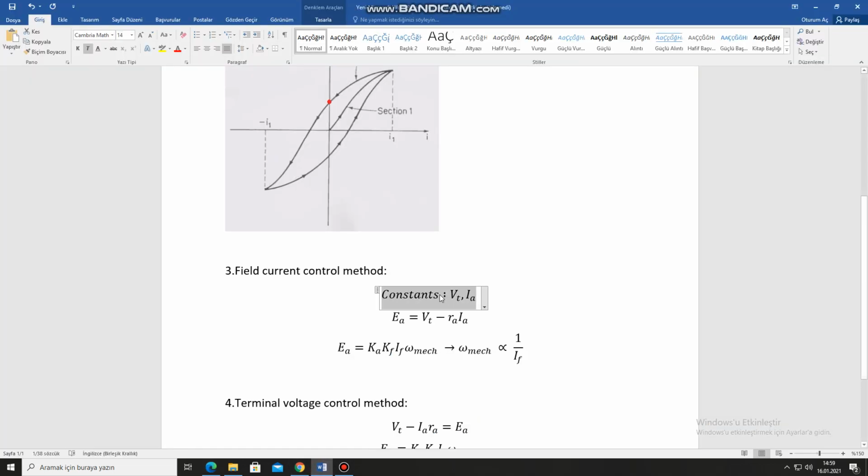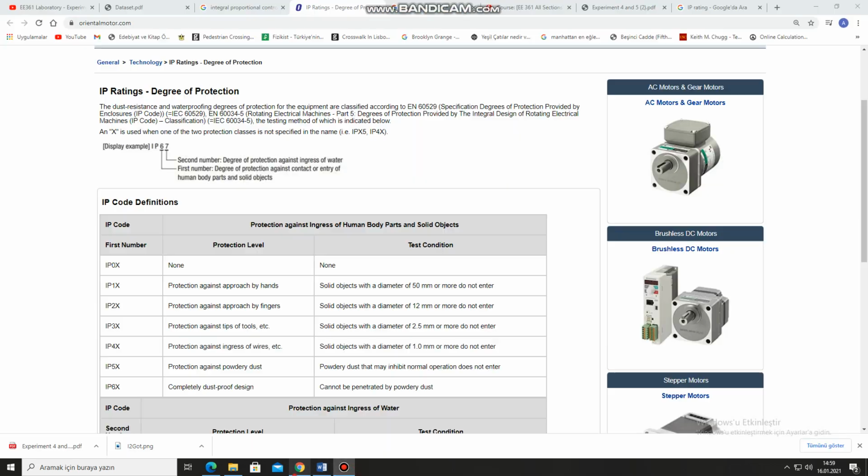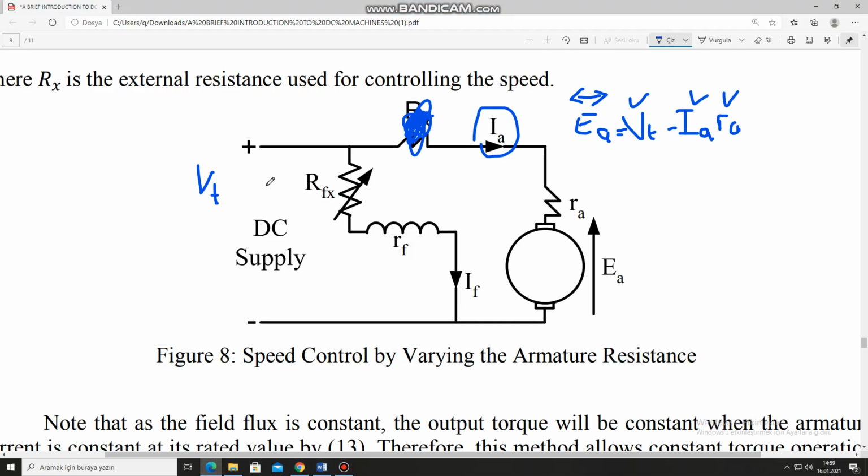So let me refer to my notes again. If E_A is constant, we should look at this equation. K_A and K_F are already constant, but what we changed is this rheostat. Since V_T is also constant, we can play with I_F, our field current.